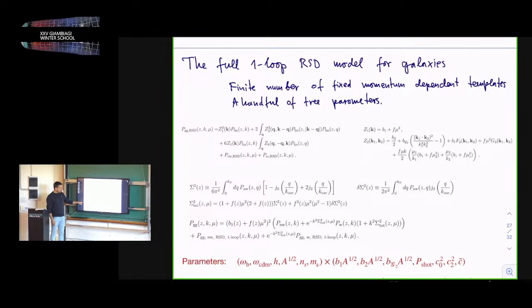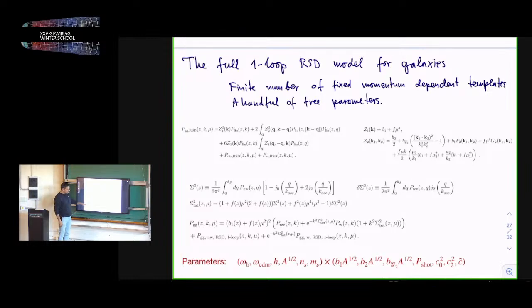The infrared resummation that we discussed yesterday is a bit more complicated because now you have a preferred direction, the line of sight, so you have to take this into account when you compute these bulk flows and how they broaden the BAO peak. At the end of the day, you end up with a theoretical model which has very well fixed momentum dependencies and a few free coefficients that you have to fit from the data, and you can then check how well it works.